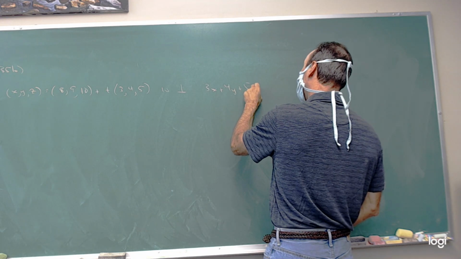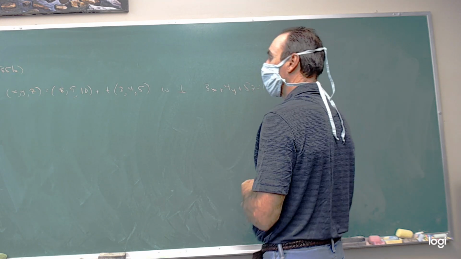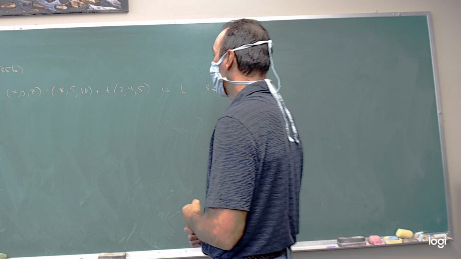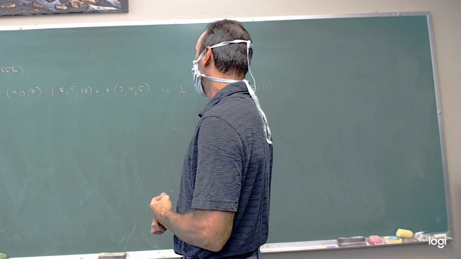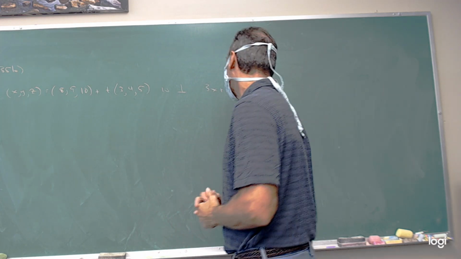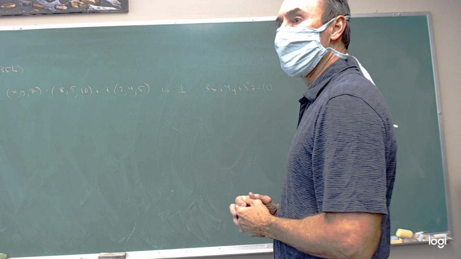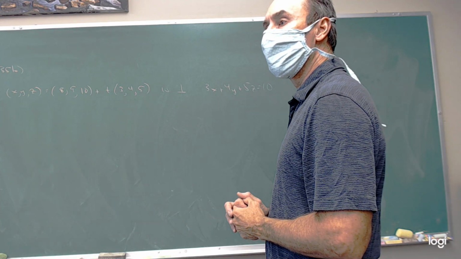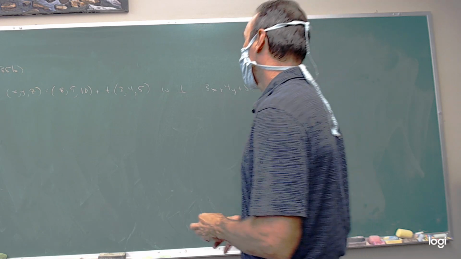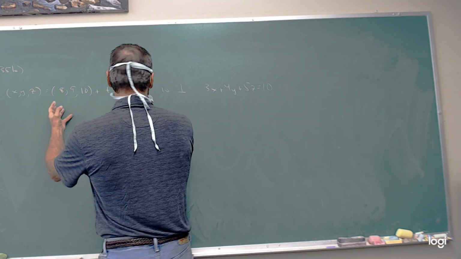We got that part. Then B was, where does the line intersect the plane? We did this one yesterday, but we don't know how to find where it intersects the plane.